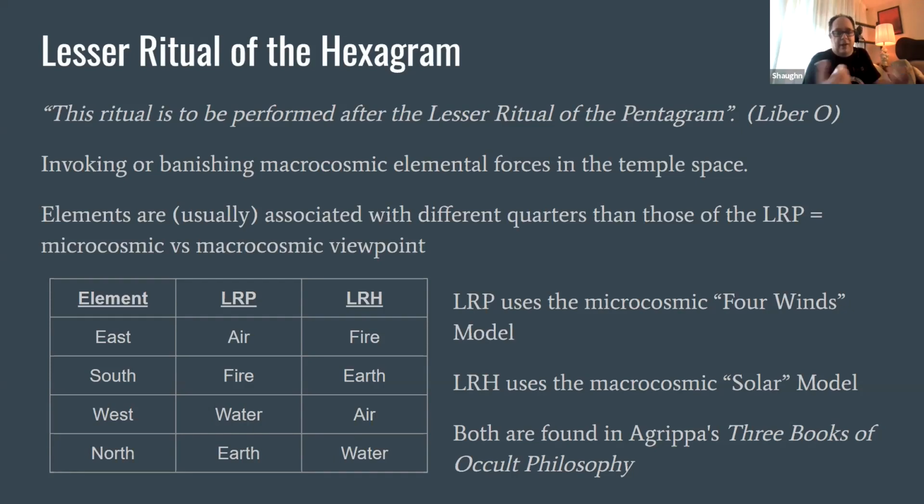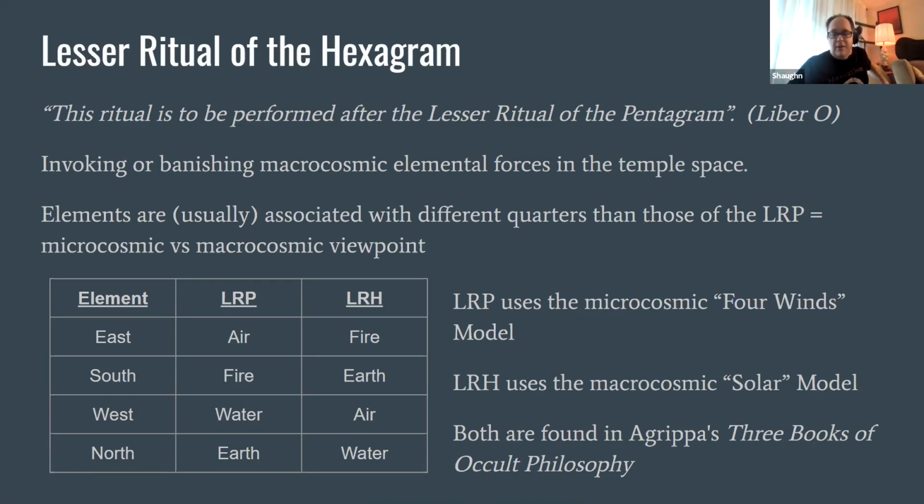But from a macrocosmic, universal perspective, for the hexagram rituals, fire is in the east, earth is in the south, air is in the west, and water is in the north. Now, there are two different models that are used, and both are found in Agrippa's Three Books of Occult Philosophy.